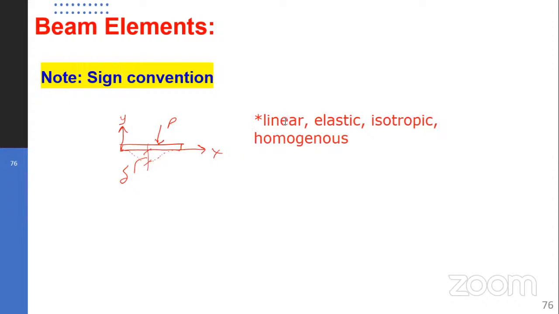Linear means that it obeys Hooke's law, F equals k x. A material that we are dealing with in finite element analysis has to obey this, otherwise you might not be able to derive the equation. Our equilibrium equation is based on this fundamental equation, Hooke's law. So it's for the linear elastic range.